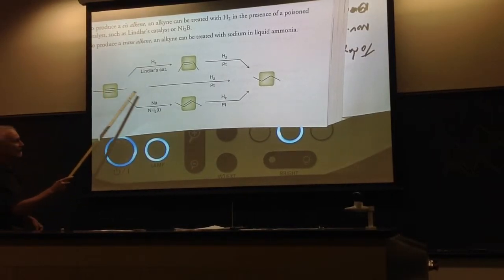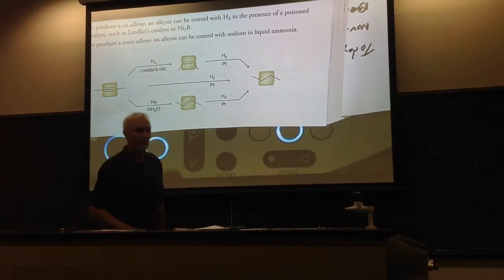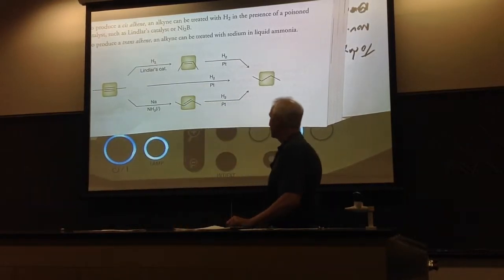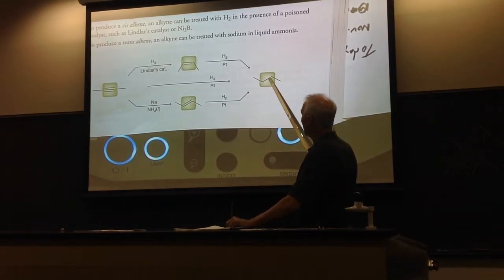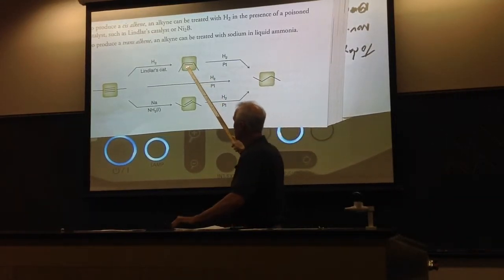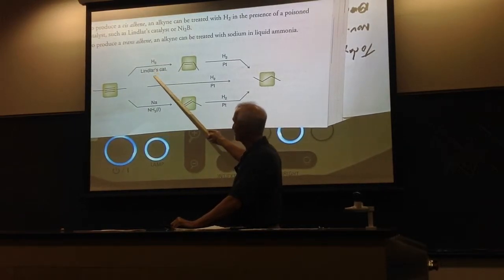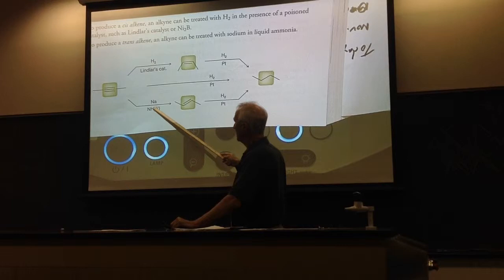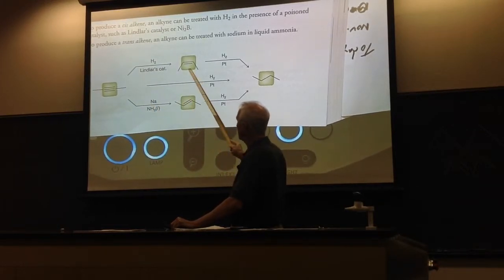Anyway, take a look at this. Starting with an alkyne, if I just add hydrogen gas and a catalyst, no special reagents, no poison, I can't stop at this stage here. I go all the way to an alkane, no pi bonds left. On the other hand, if I want to stop at this stage or this stage, I can add hydrogen gas and a poisoned catalyst, Lindlar's catalyst works, or sodium metal and liquid ammonia, and I can get the alkene.